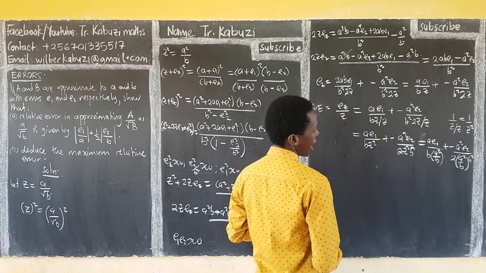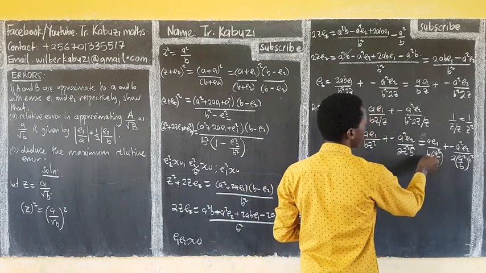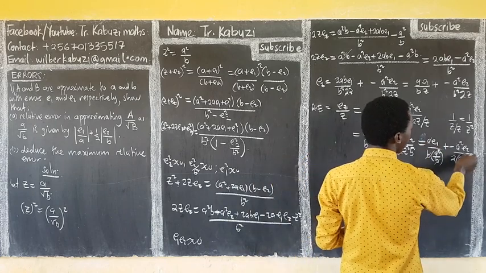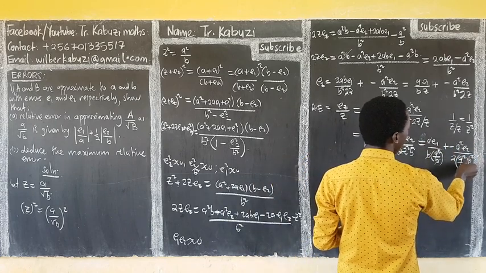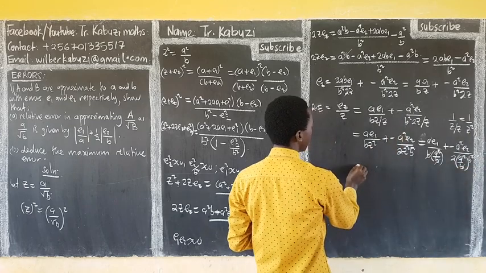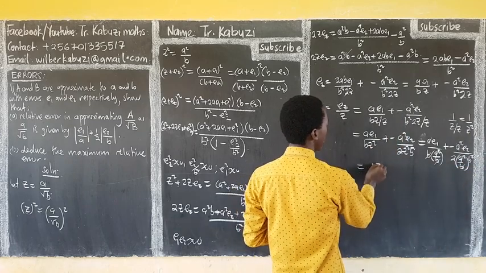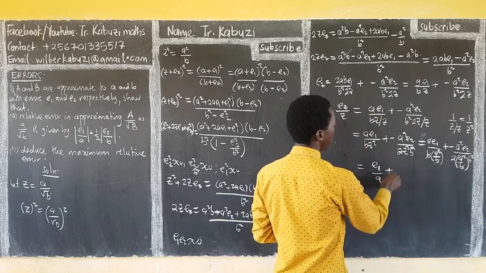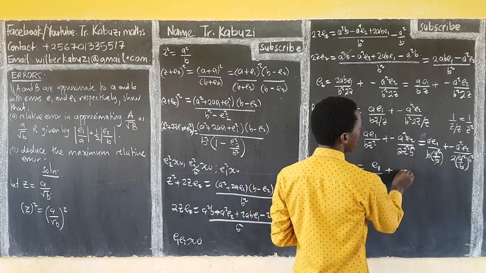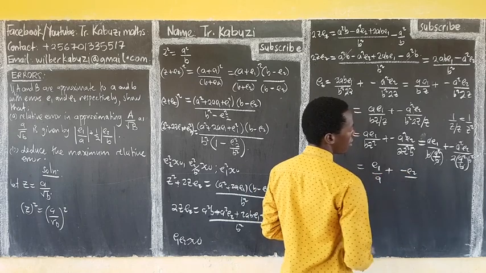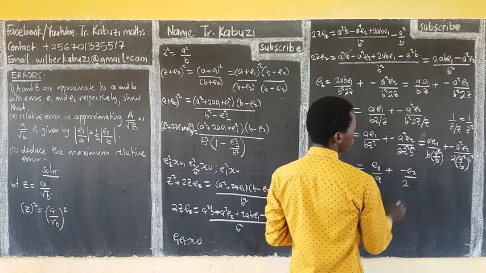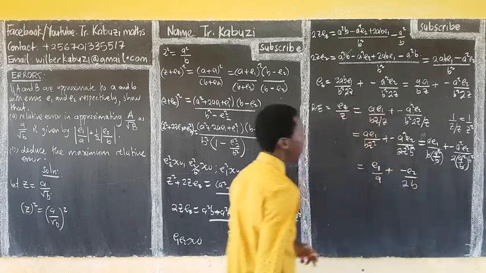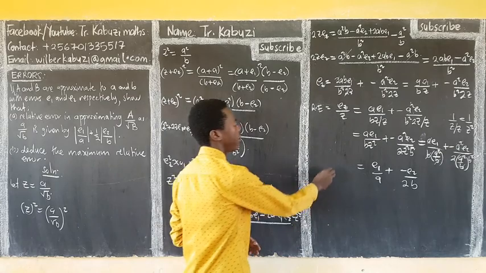So what we get there is that this b is going to go with that, 1 a is going to go with that. Then here, this a squared will go with that, then 1 will go with that. So that this will now be equal to e1 over a, then plus negative e2 over 2, what is remaining is b. b is remaining there. So that is our relative error.